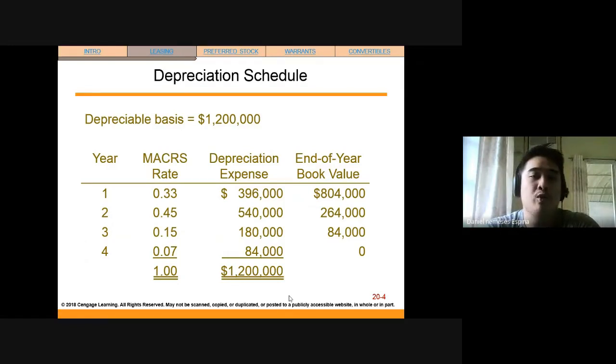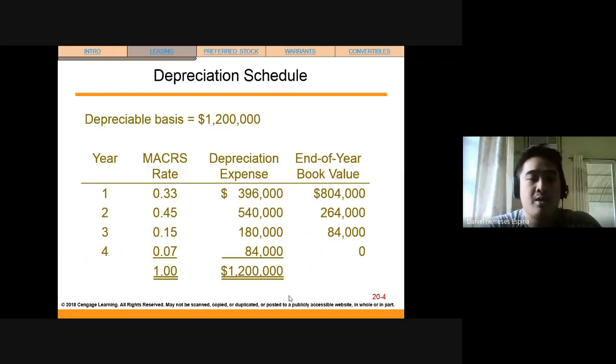Since we deduct it from the gross income, it will result in a lower net income. Lower net income will result in lower tax, right? So if there is depreciation, it can actually help us lower our tax payments. That's why we have to compute the depreciation, so we know the tax shield or the tax benefit from this depreciation expense.